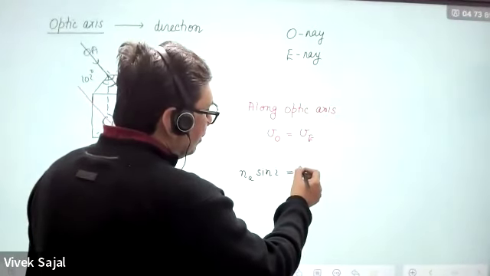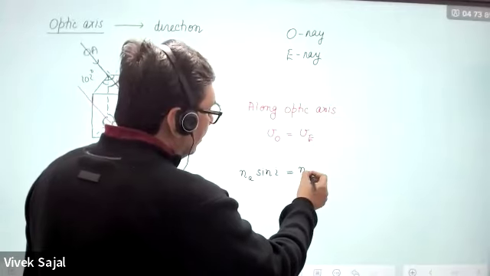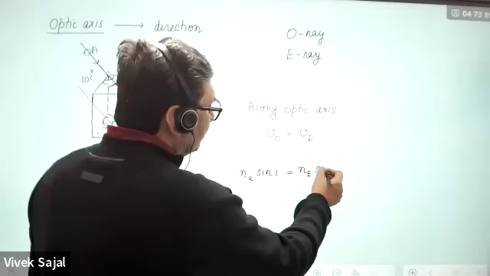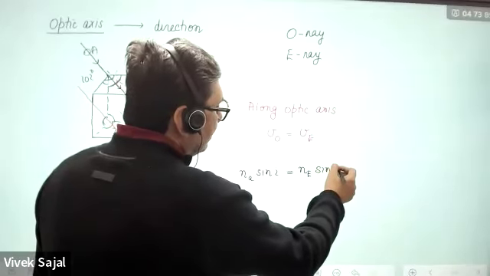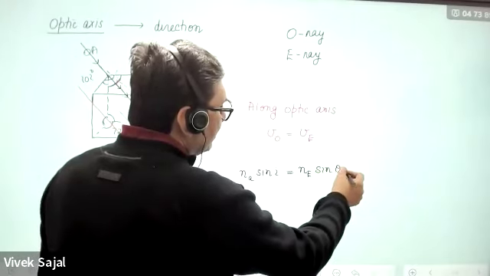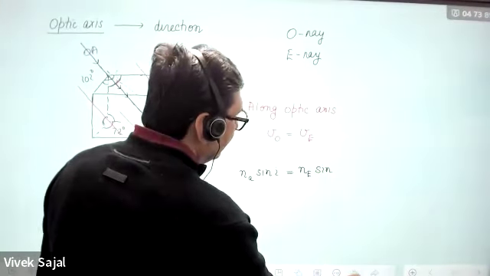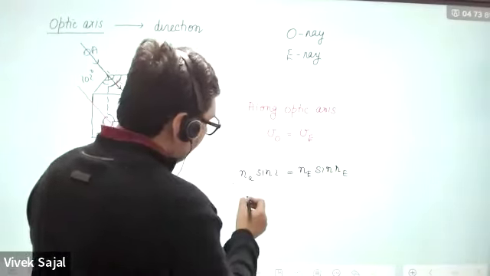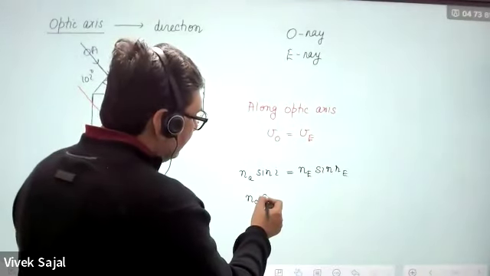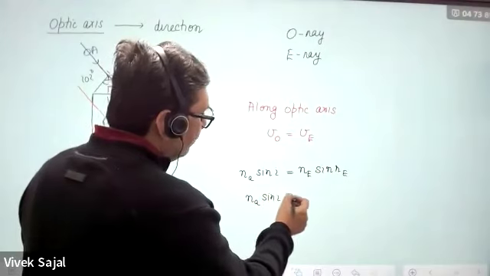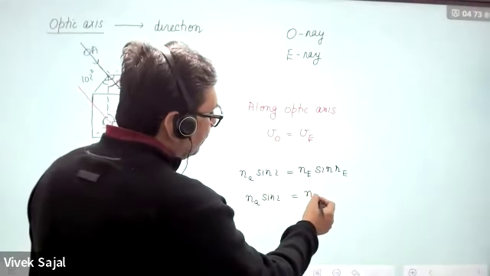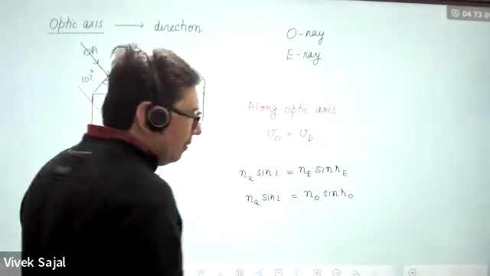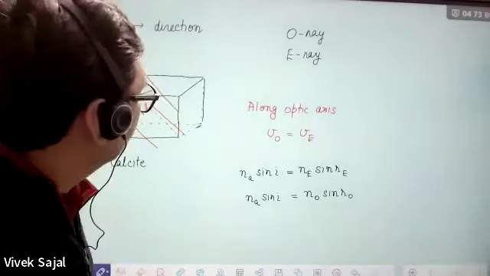In the particular direction in which the E ray is moving, the refractive index in that direction, and this will be sin theta e, the angle of refraction for extraordinary light. And for ordinary light, sin i remains the same, but the refractive index for ordinary light is different, so this will be sin r o. So the directions are different, but they will be in the same plane, that is the principal section.